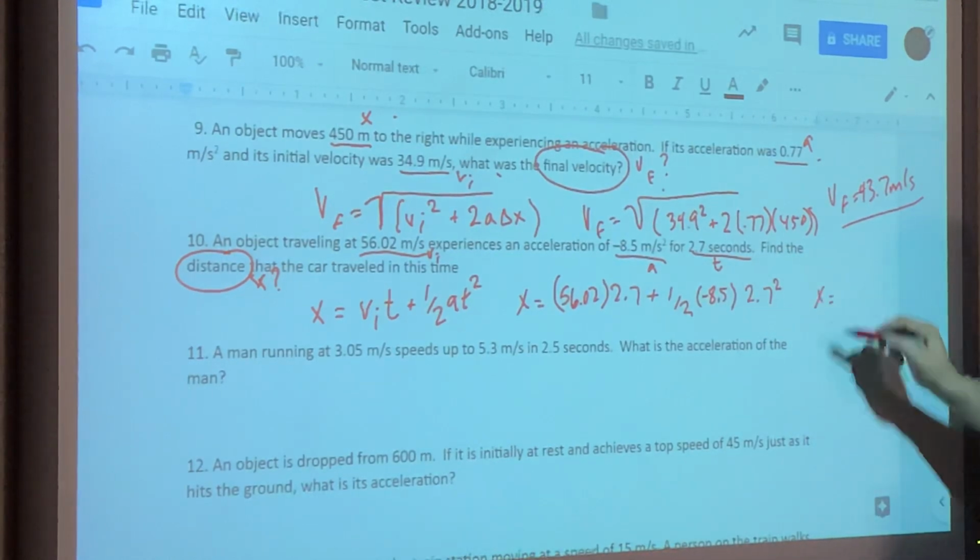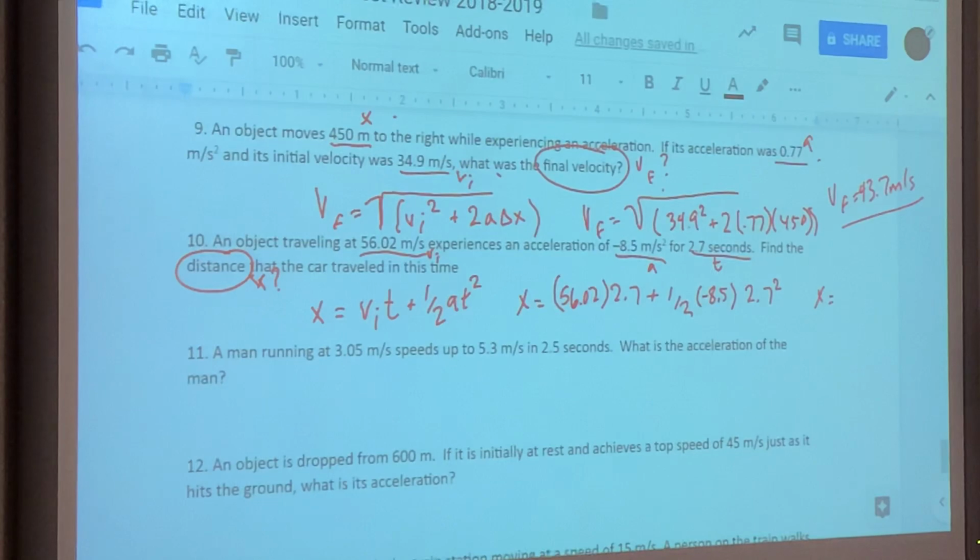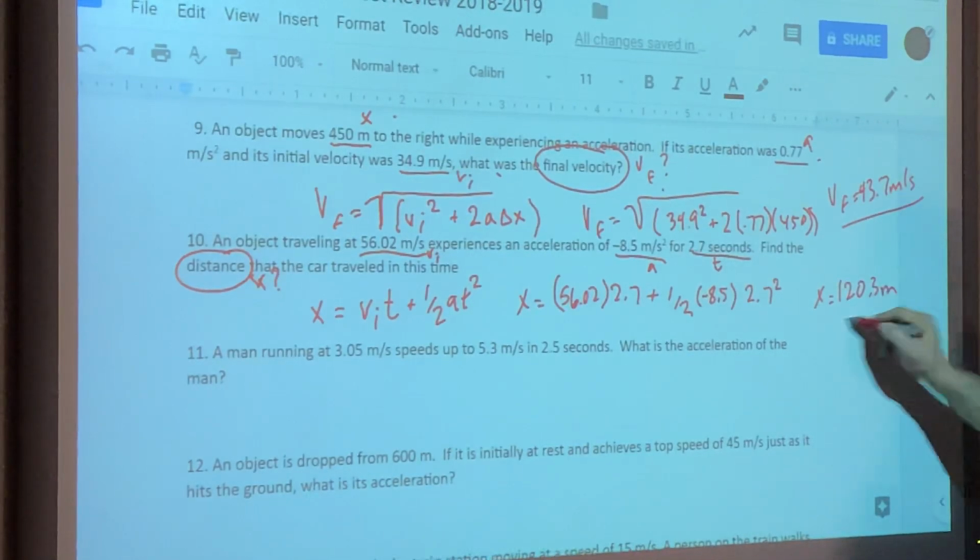And that'll give you your displacement. Should get 120.3 meters.